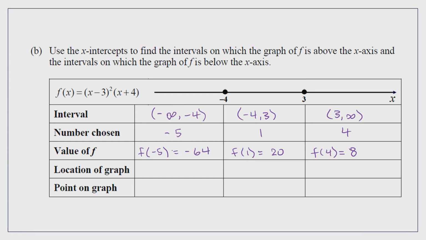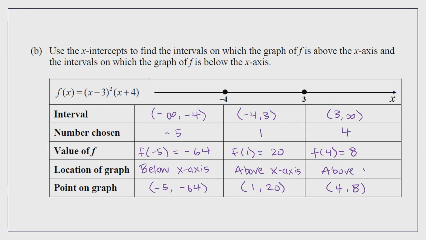Okay, so now I can identify their location on the graph. The point -5, -64 is going to be below the x-axis. The point 1, 20 is going to be above the x-axis, and the point 4, 8 will be above the x-axis.